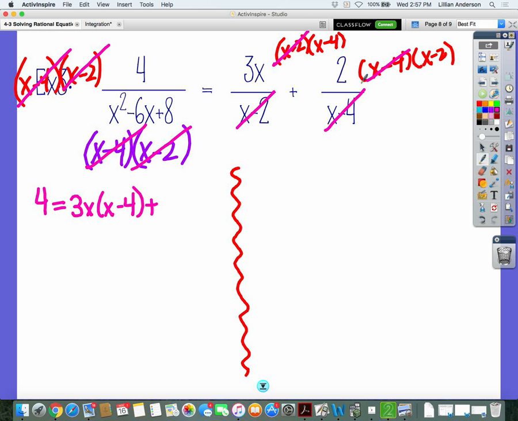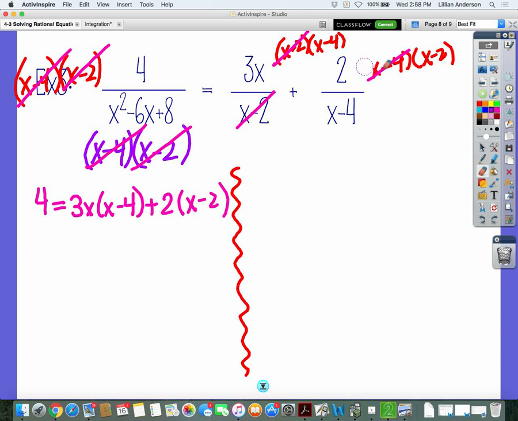The x minus 4 cancels out here, but I'm still left with the x minus 2. No more denominators. This is nothing but a quadratic at this point. And I can solve it from there.